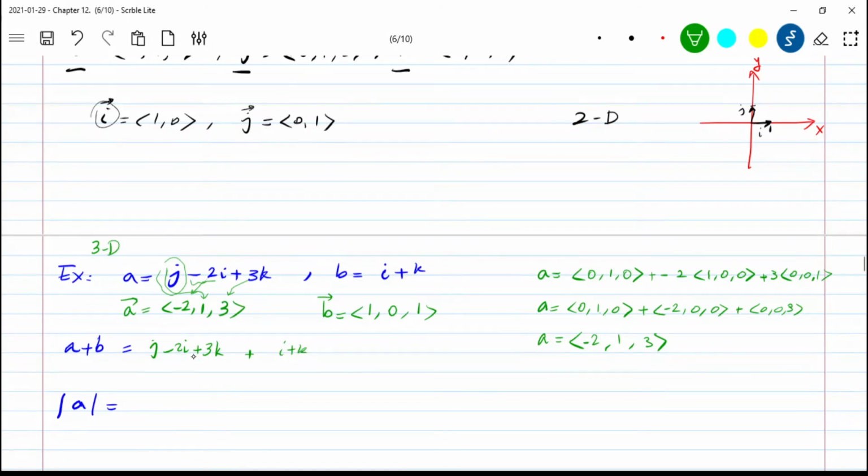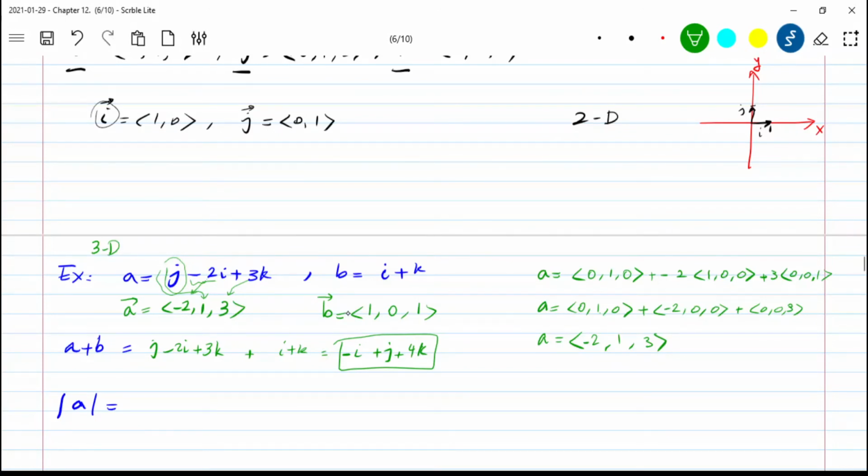You add the corresponding i and j together. So negative 2i and 1i gives negative i. There is no j plus j, and 3k plus k is 4k. So this is the standard form of adding A and B.